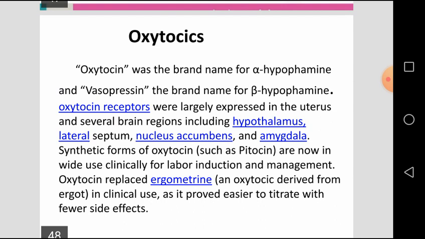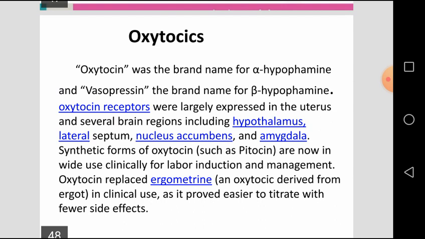Oxytocin receptors are largely expressed in the uterus and several brain regions including the hypothalamus, lateral septum, nucleus accumbens, and amygdala. Synthetic forms of oxytocin, for example Pitocin, are now in wide clinical use for labor induction and management.